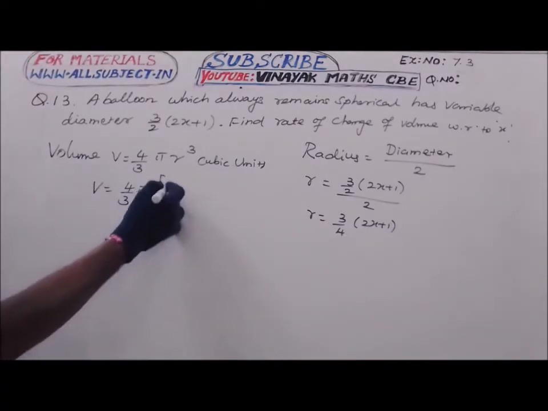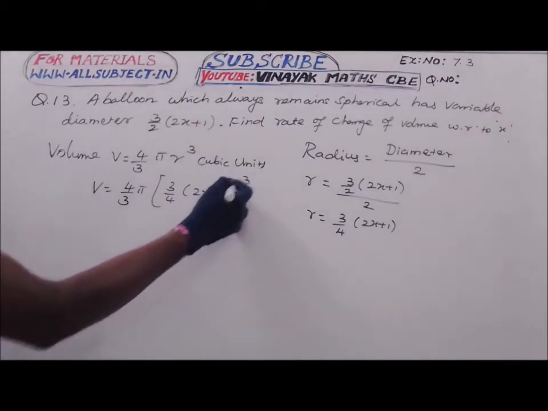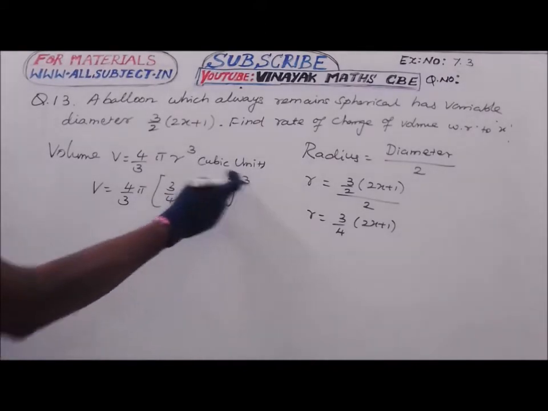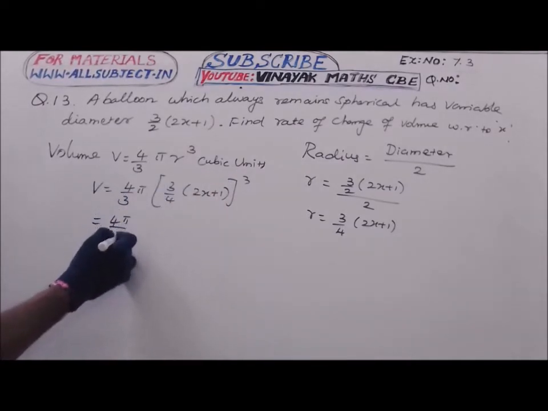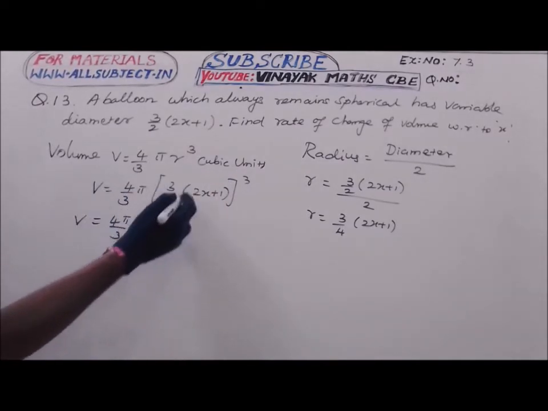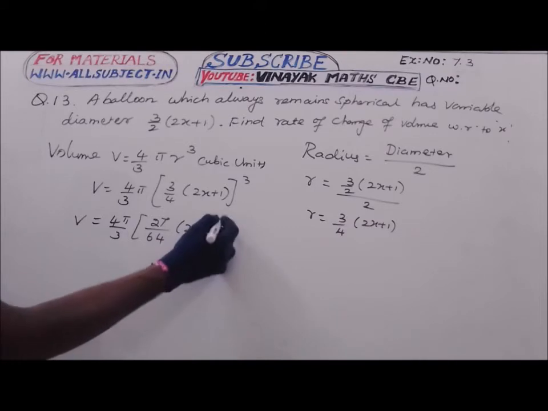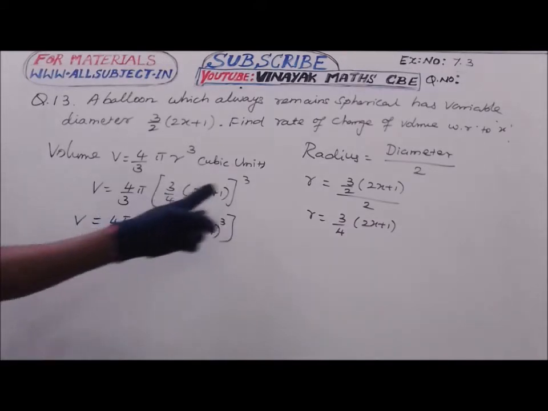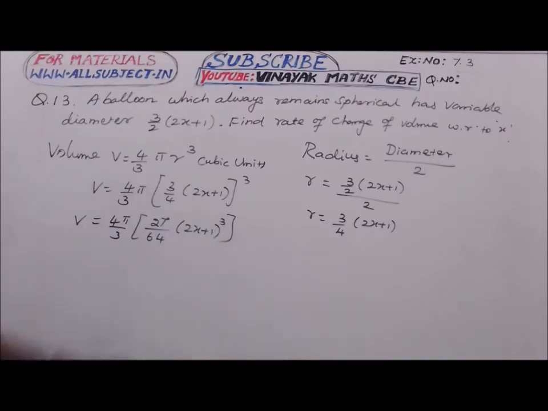So substituting, 3/4 into (2x plus 1) whole cube. Now separating the power, we have 4 pi by 3 into 3 cube, 27, divided by 4 cube, 64, into (2x plus 1) whole power 3. After separating the power, we get 27/64 into (2x plus 1) whole power 3.